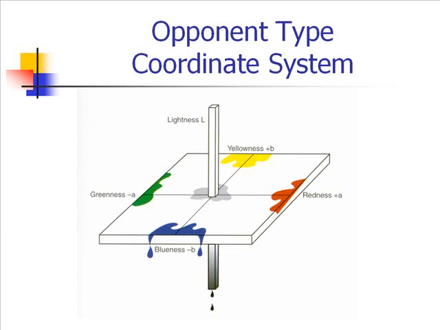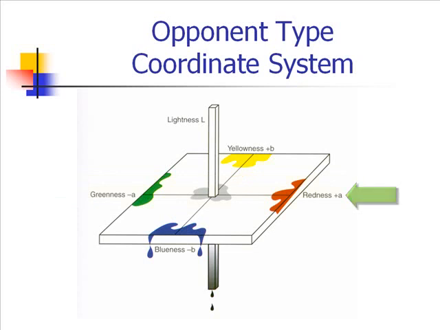We have planes, and as you stack the planes on top of each other, the lower ones are darker colors, the higher ones are lighter colors. But in a particular plane, when we go on this axis or this axis, it means two different things. This axis goes from negative A to positive A. That's from green to red. So green is a negative value for A, red is a positive value for A.